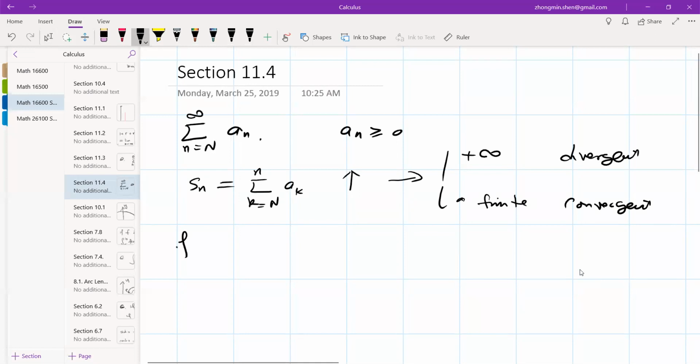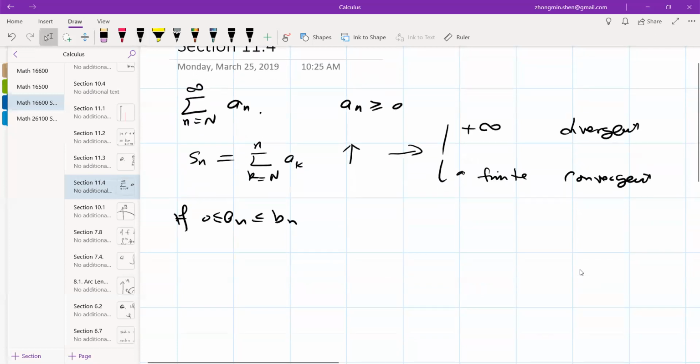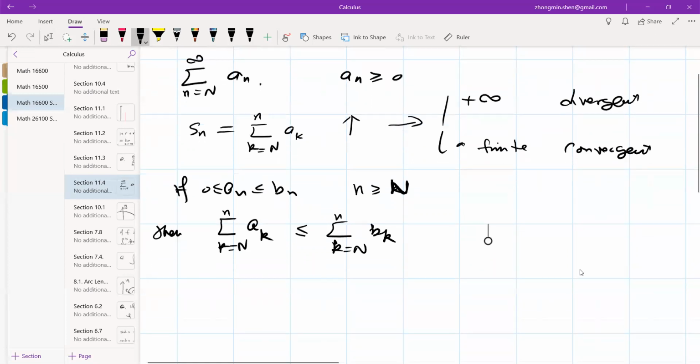So now, if we have a_n less than or equal to b_n, and they're both positive, then what can you have? Well, you can look at n greater than or equal to k, greater than capital N. Then the partial sum of a_n is less than or equal to the partial sum of b_n.